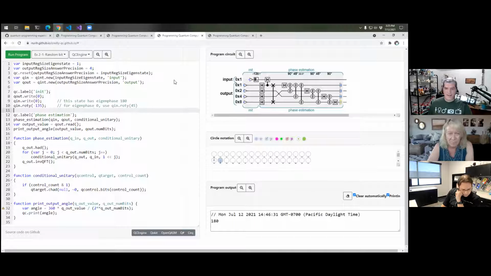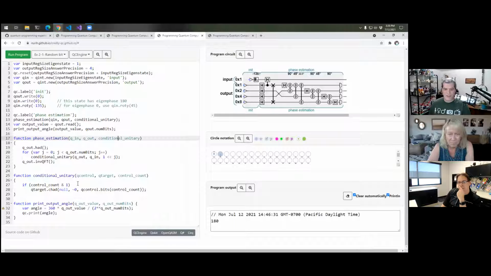So this initial state is the same that we had, looking at, okay, we know that this has an eigenstate with an eigenphase of 180 degrees. And then it runs the phase estimation, which is this whole thing here. And then we can get a value out of that. The phase estimation, I didn't try too hard to understand the details of this, because it does talk about how we need this conditional unitary function in order to do it.